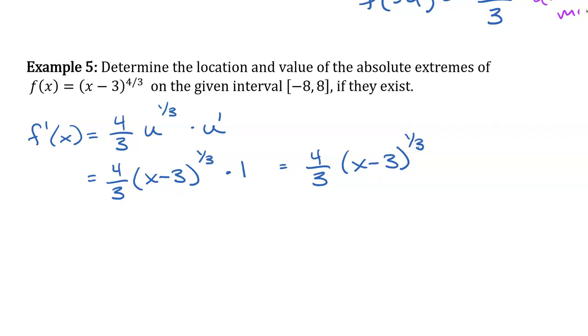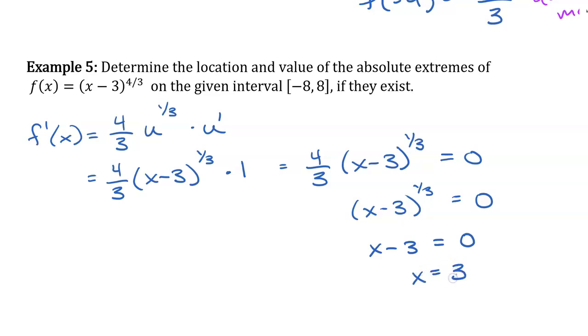So if we set that equal to 0 and solve for x, zero divided by anything is 0. How do you get rid of a cube root? 1/3 power is a cube root, remember? Well, we would cube it. So that'd be x minus 3 equals, well, 0 cubed is still 0. So x equals 3.